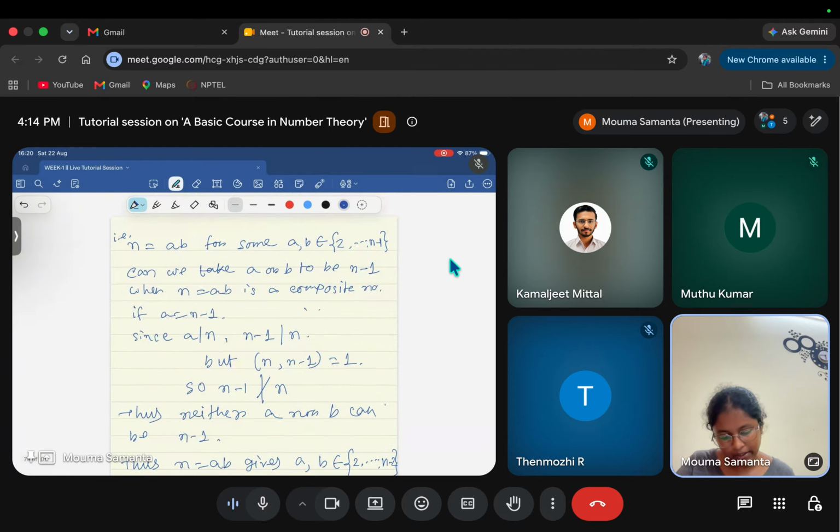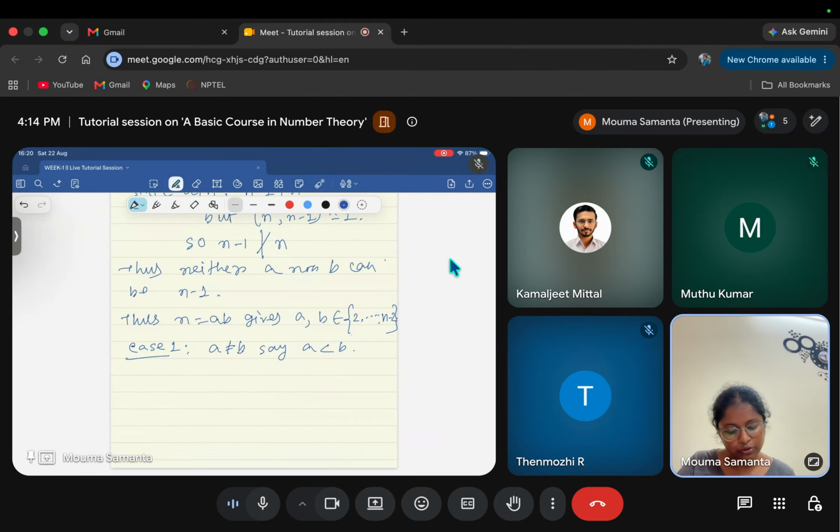Since a and b both belong to this set and a is less than b, can we say something about the divisibility of n and n minus 2 factorial? So a is one of the integers in this set, 2 up to n minus 2, and b is also another integer different from a in this set.